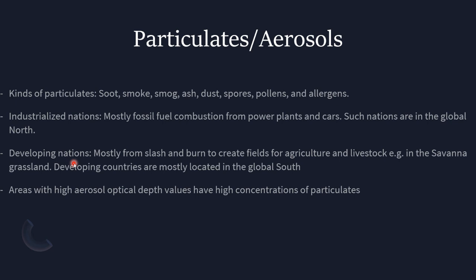That's why the pollution from them isn't from industrial pollution or car pollution. They actually produce lots of aerosols or particulates from burning their forest and burning wood. You can see mostly slash and burn to create fields for agriculture, livestock, in the savanna grassland. Developing countries are mostly located in the global south that I've been talking about.